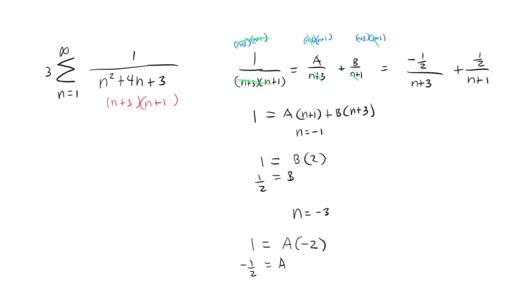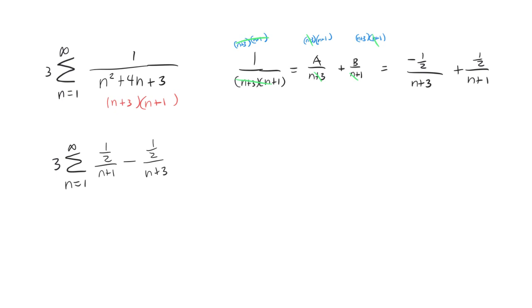So what I'll do is rewrite this. We have the 3 on the outside, and we have 1/2 over n plus 1 minus 1/2 over n plus 3. So that's how that would work.